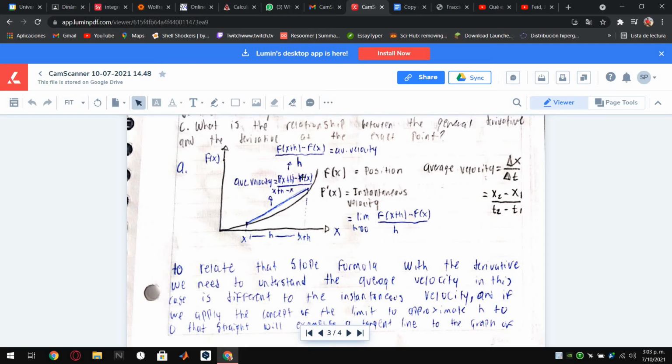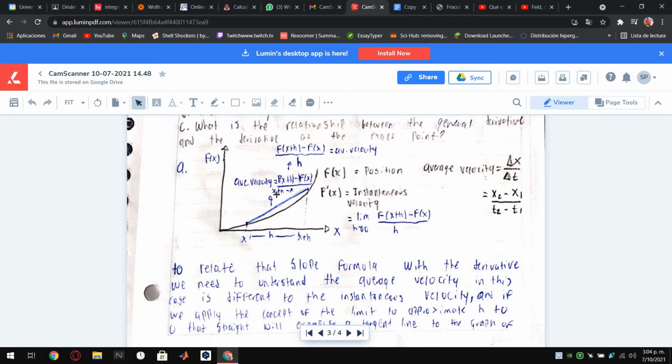If we apply the slope formula, we have f of x plus h minus f of x over x plus h minus x. If we cancel the x's, we end up with f of x plus h minus f of x over h, which is the average velocity. This is the slope of this straight line.